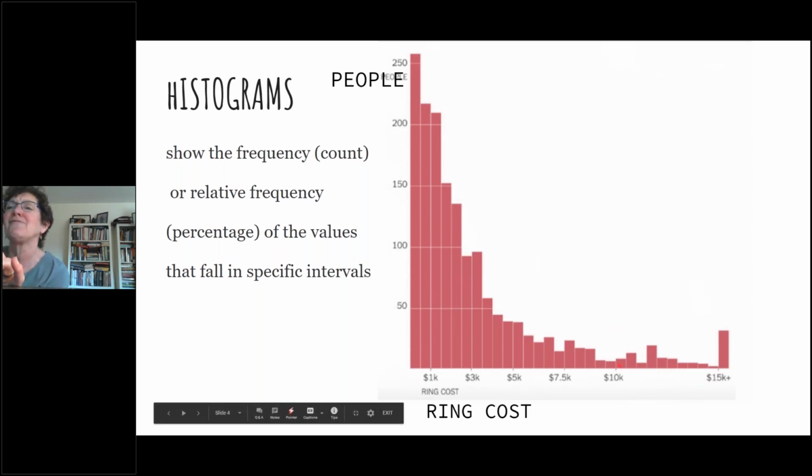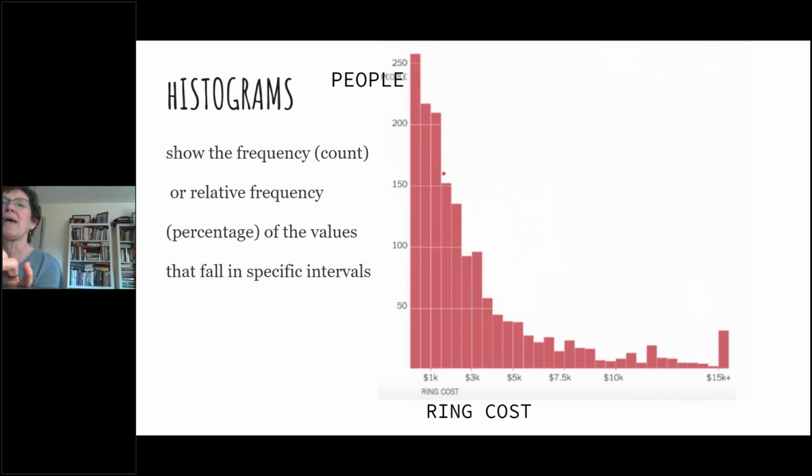It might be 3, 4, 5 spent between, and each one of these little jumps here is only like 1, 2, 3, 4, 5, and then maybe this is 25. So 25 spent more than 15,000. But for the most part, it's telling us that most people spend less than $3,000 or $4,000 on their rings.